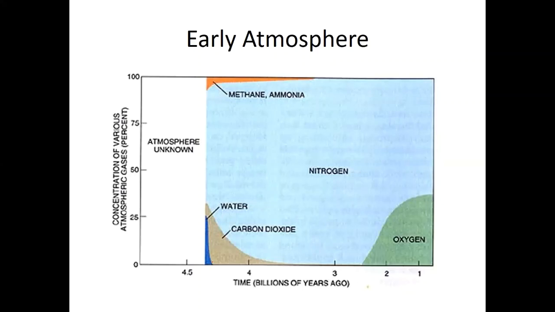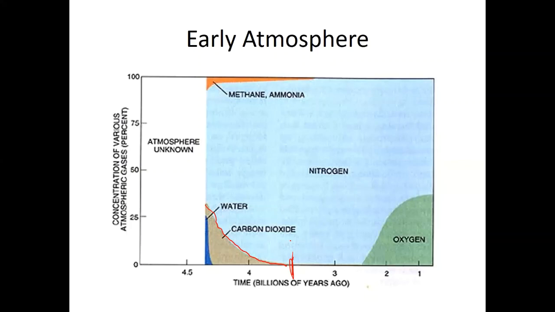And once the ocean was formed, the carbon dioxide that was in the atmosphere begins to disappear, because this carbon dioxide then dissolves into the ocean. And a lot of this carbon dioxide would later be used by organisms in the process of photosynthesis. As we'll learn, about 3.5 billion years ago, photosynthetic bacteria, known as cyanobacteria, arrive on the planet, and they use carbon dioxide and water to make their own food.